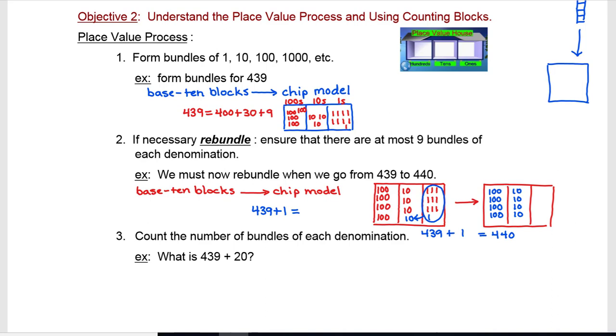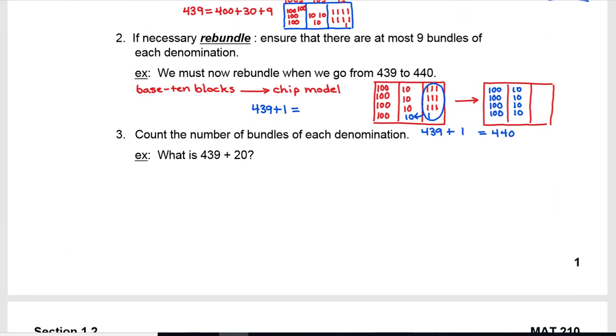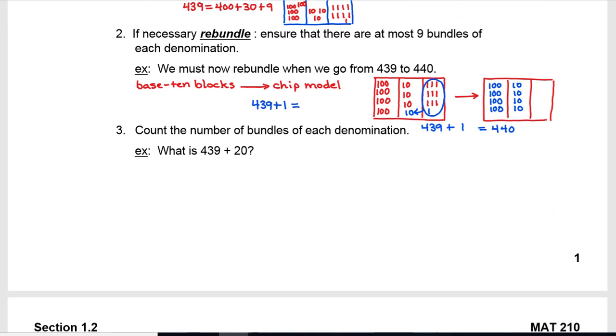All right, so the next example, it says count the number of bundles of each denomination. So you would have the students start out with base 10 blocks, and you would have them actually take 439, and then you would add 20 and see what they get.